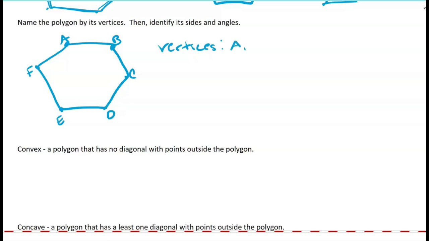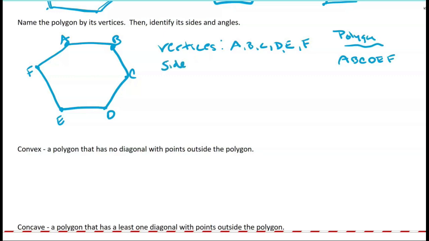So the vertices are simply A, B, C, D, E, and F. And that's how we would name this polygon. This would be polygon ABCDEF. Okay, it's named by its vertices.